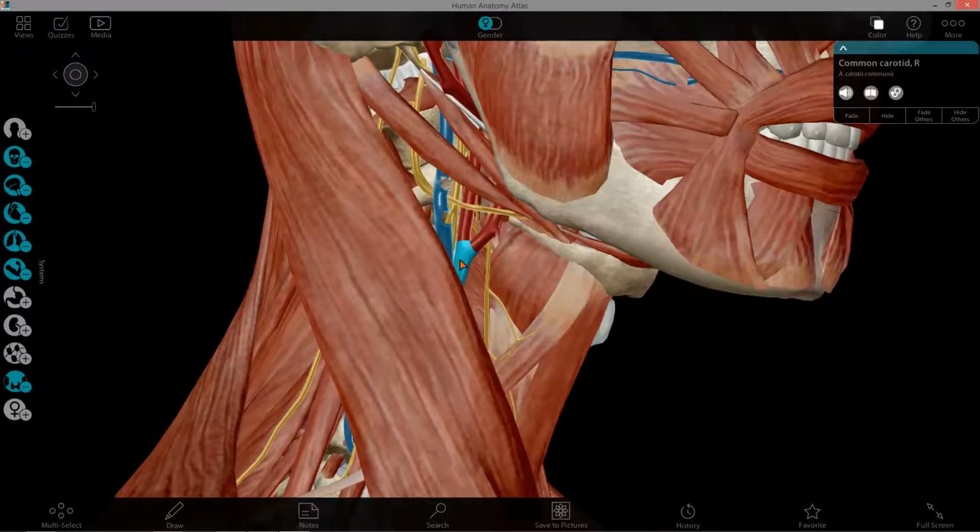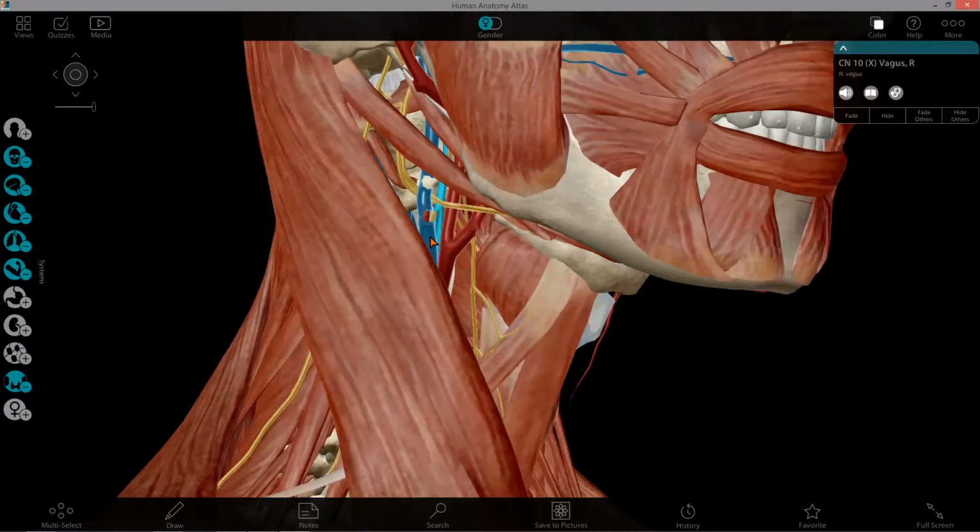So the carotid sheath contains the common carotid, the internal carotid, and the other bifurcation, the external carotid, as well as the internal jugular and the vagus nerve. So those are all within the carotid sheath. In the cadaveric dissection, there'll be a fascial layer present, but there's no fascia in this model, so it's not there.